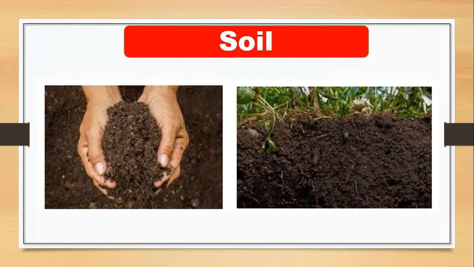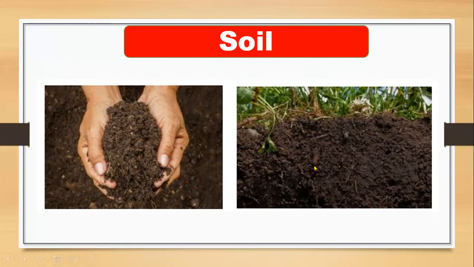This soil has some small rocks, some living things like insects, and some non-living things, dead things like dead leaves. So this soil is made from small rocks, water, living things like insects and bacteria, and dead things like dead leaves. I will show you the picture later.